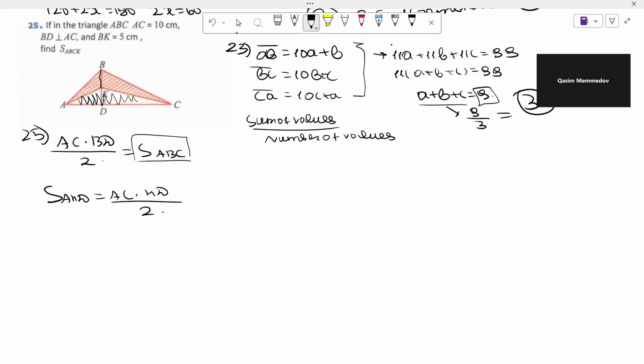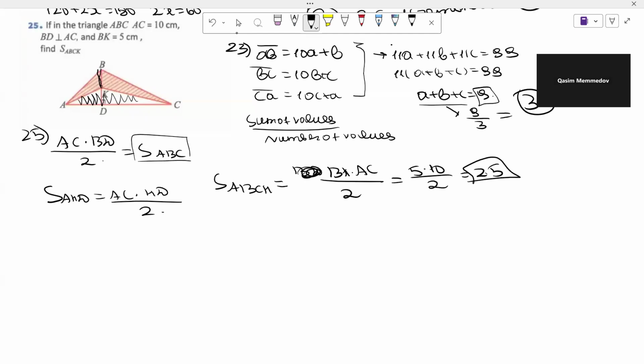That's why when we find the area of ABCK, it equals BK multiplied by AC divided by 2, and it equals 5 multiplied by 10 divided by 2. It equals 25.